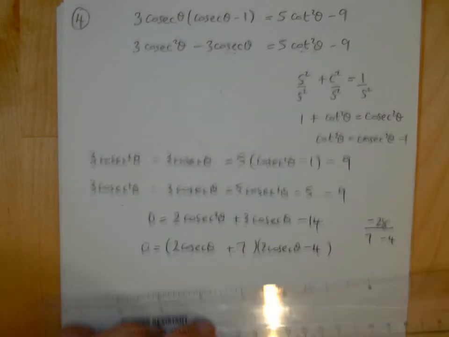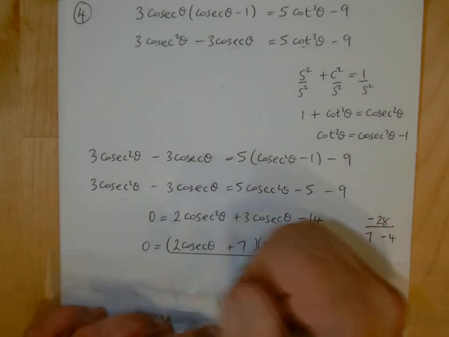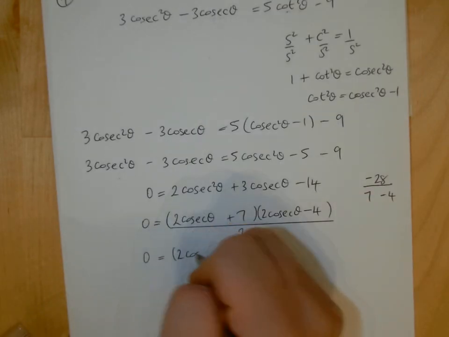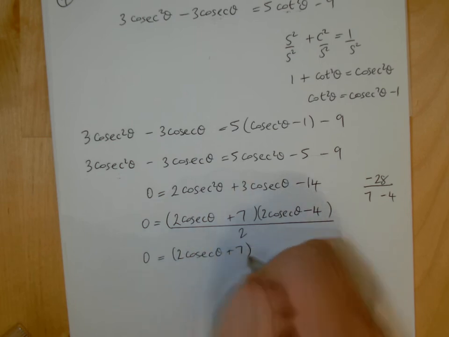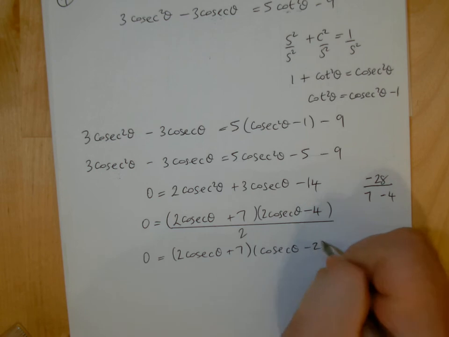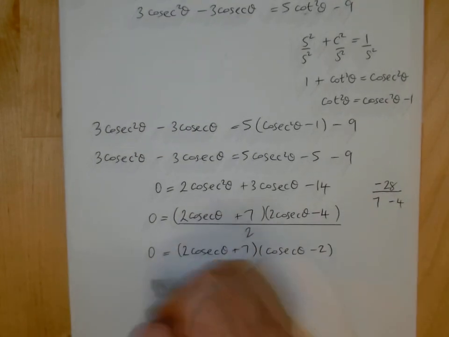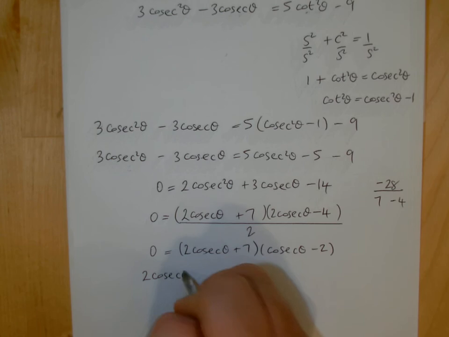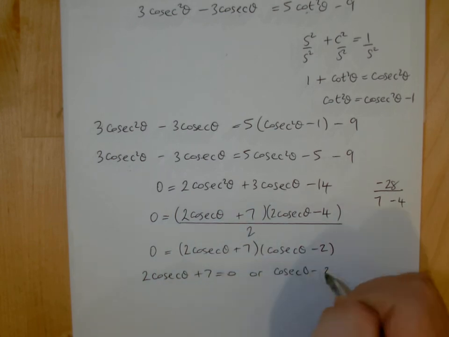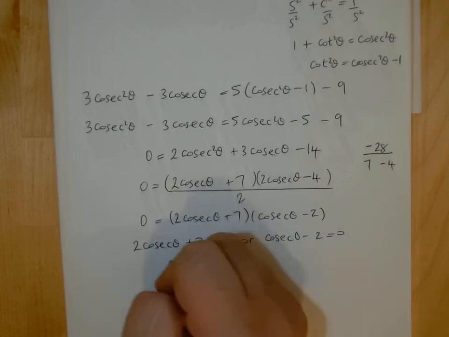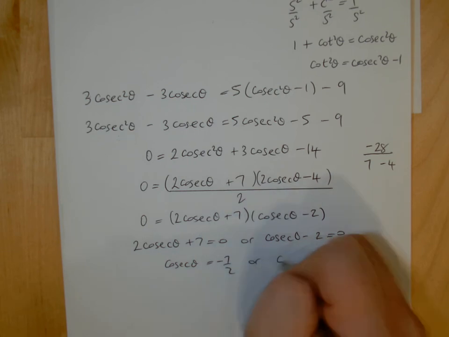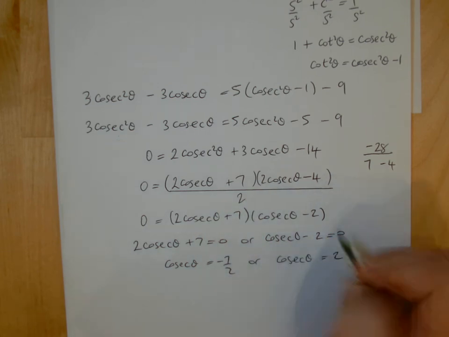And don't forget, using this method, we've got to divide by 2. So we get 0 equals 2 cosec theta plus 7, and the second bracket just becomes cosec theta minus 2. So either 2 cosec theta plus 7 equals 0 or cosec theta minus 2 equals 0. That means cosec theta equals minus 7 over 2, or cosec theta equals 2.